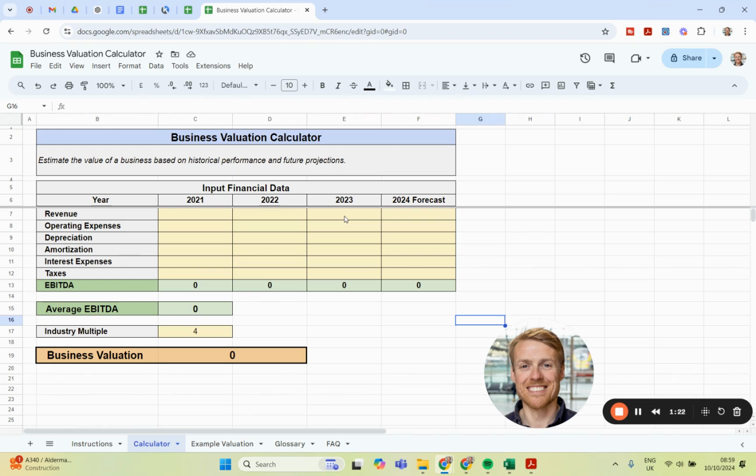So when we are engaging with a seller or sellers of a business, one of the first questions we ask around the financial side of things is, can they send us their previous 3 years accounts? Now, the reason we want to do this is because those 3 years accounts contain all the information that we need for evaluation.